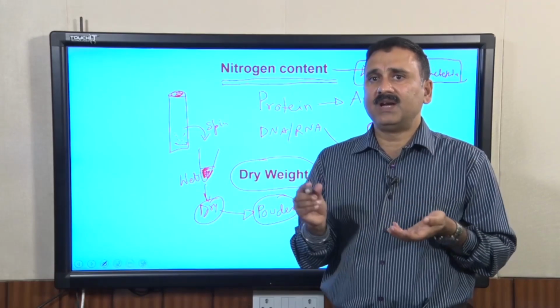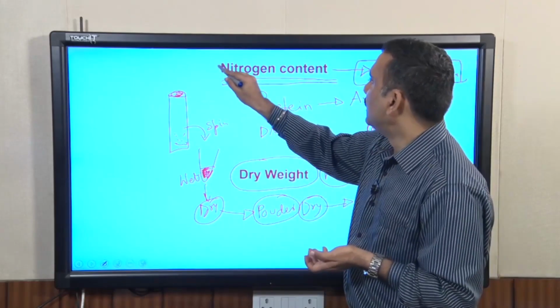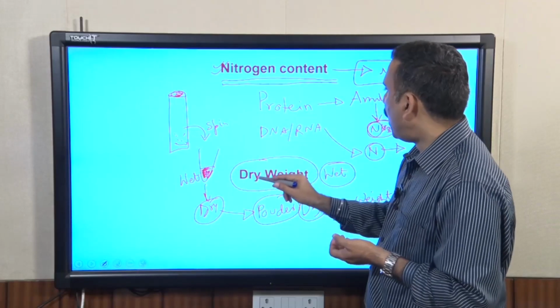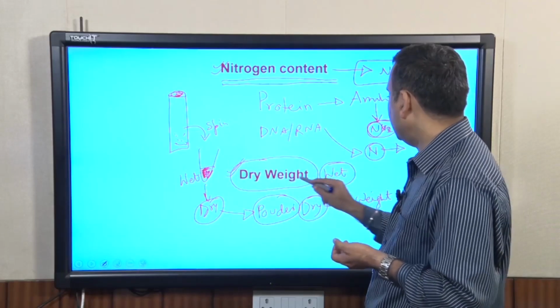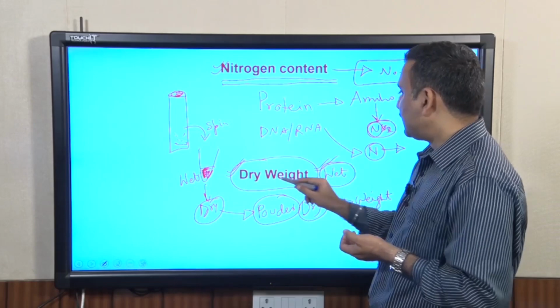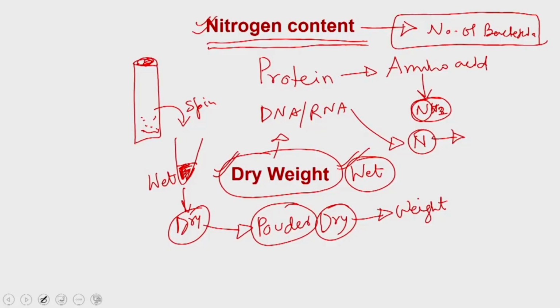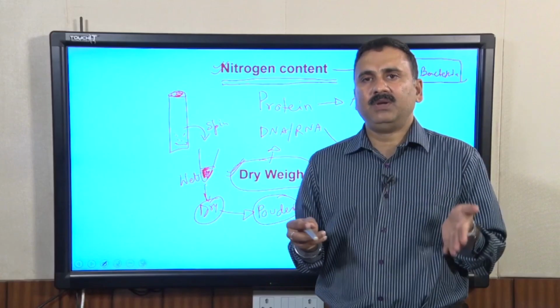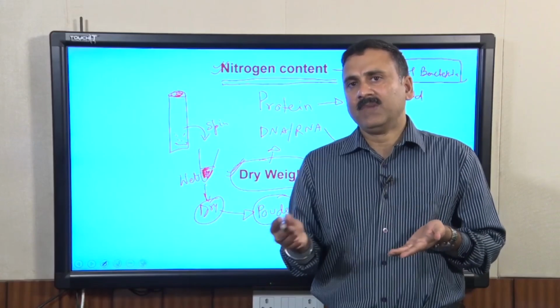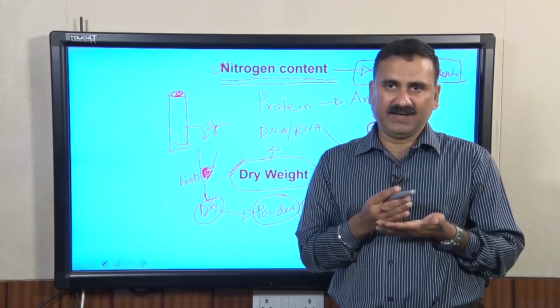In those kinds of studies, you can use the nitrogen content method or the dry as well as the wet method. The dry method is more superior compared to the wet method, because the wet method has a liquid part, which is the media, and that could vary from batch to batch, and because of that it may give you some kind of artifacts.